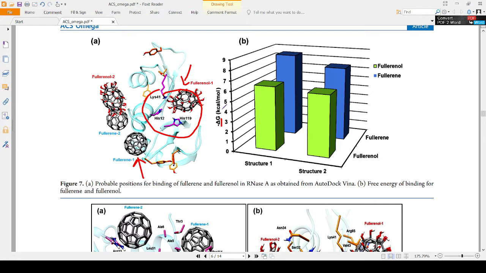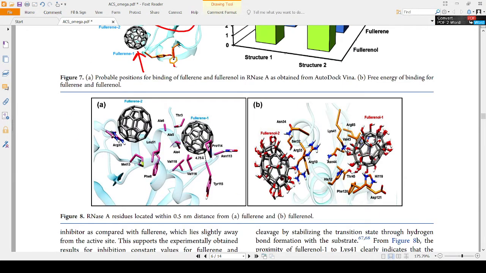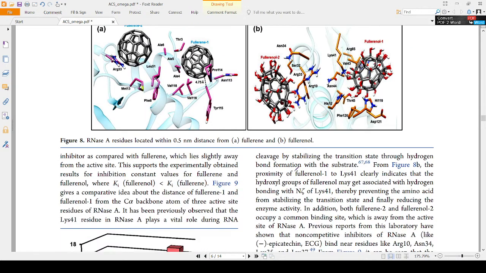Since fullerenol attaches towards the active site, it can prevent the substrate from binding to the active site, thereby serving as a better inhibitor as compared to fullerene. But fullerene and fullerenol both bind here, so they have speculated that this region might be the allosteric site, or rather a different site where fullerene and fullerenol can bind to the protein. And these are the nearby residues around the fullerene and fullerenol which are present in the protein.